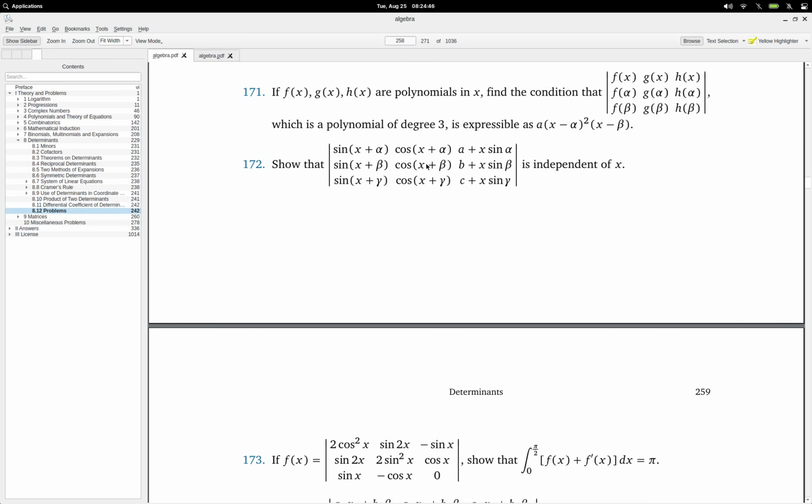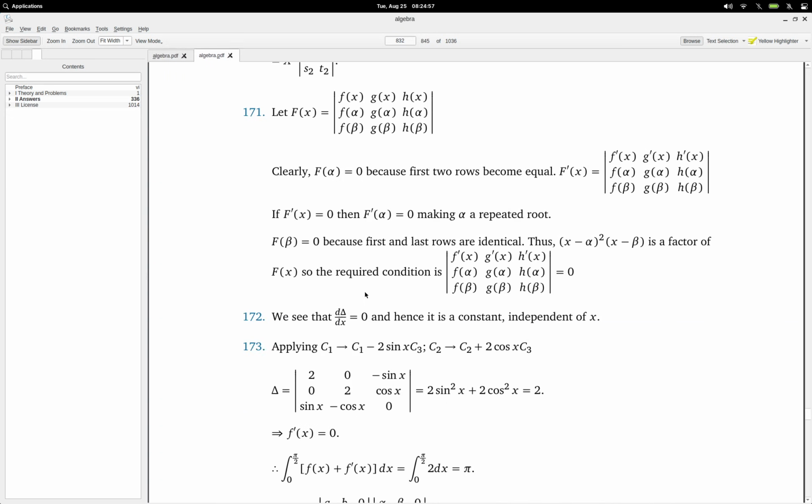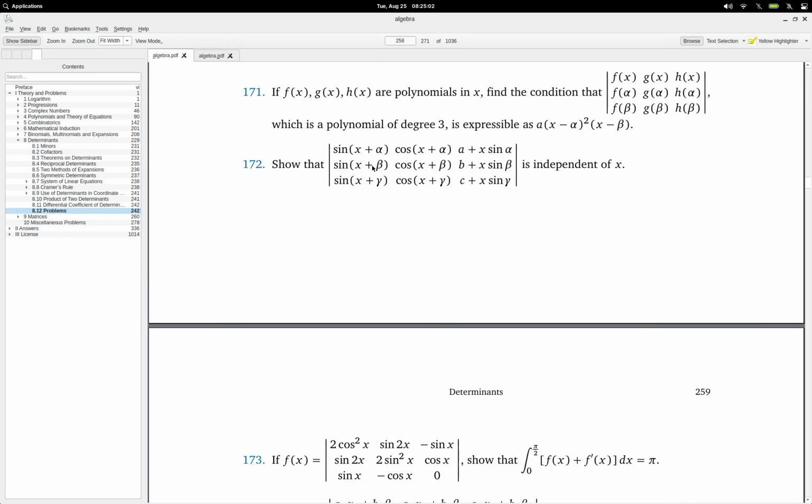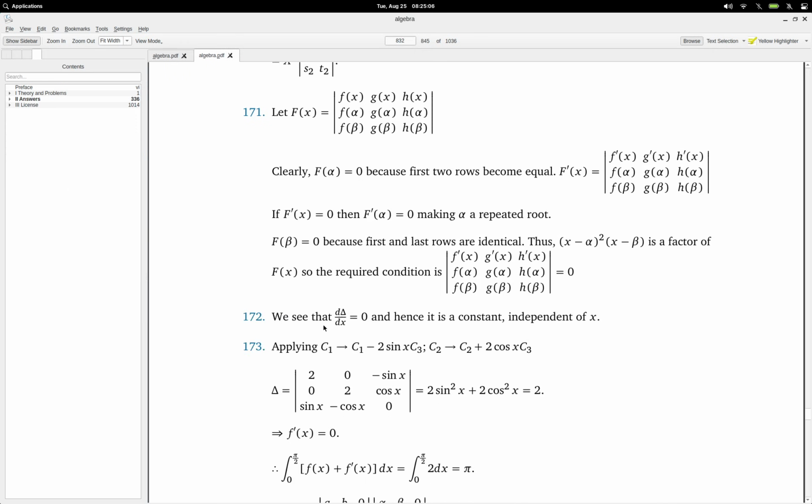So how do you differentiate this with respect to x? If you differentiate this with respect to x, d delta upon dx is equal to 0, hence it's a constant. So I think I need to elaborate more on this, okay?